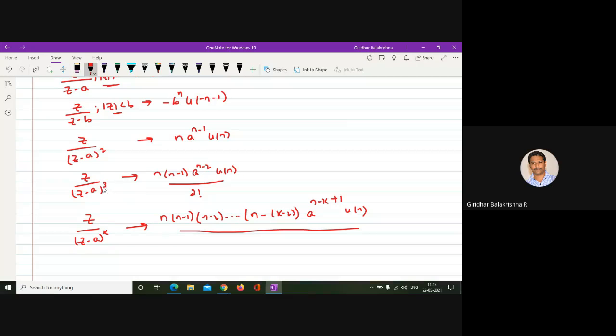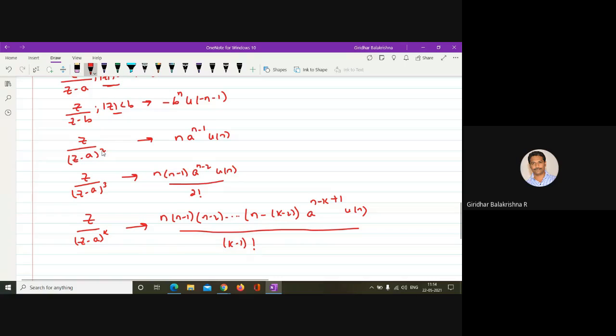If you are calculating for 3, what is its factorial? 2 factorial. So if k poles are repeating, then the factorial is k minus 1 factorial. This is the generalized formula if k poles are repeating.